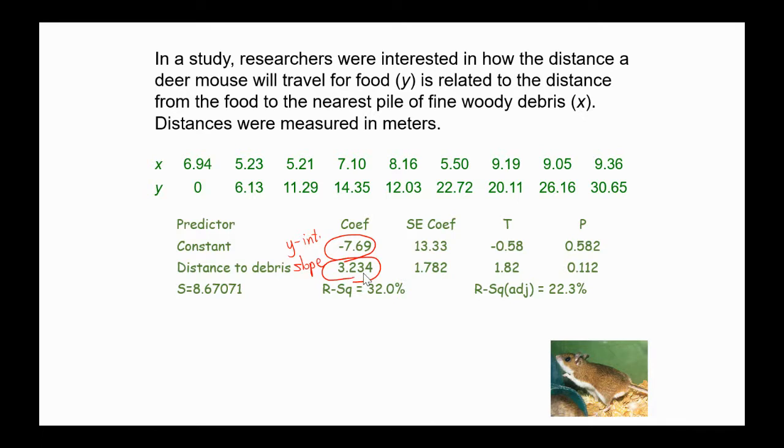So how can I write an equation then with these two values? y hat equals a plus bx. Yep. So y hat equals negative 7.69 plus 3.234x.